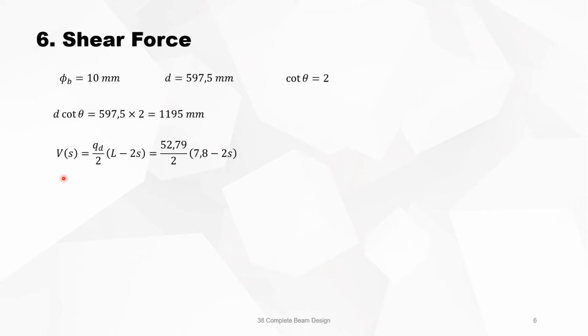The shear force in function of the local coordinate S of the system is given by this classic formula. The maximum shear force at the face of the support, that means S is 0.1 meter, is then 201 kilonewton.